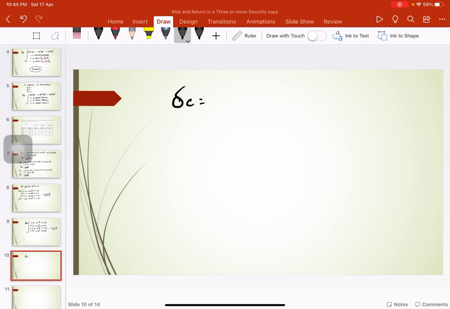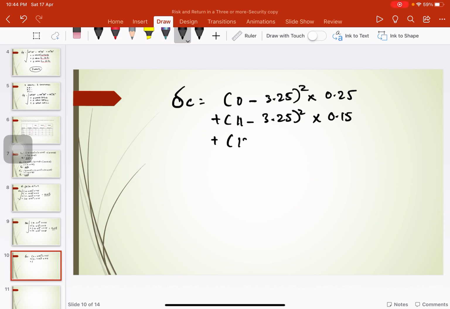Next, standard deviation C. Standard deviation C is equal to 0 minus 3.25, the expected return C tadi, square times 0.25 darab dengan Pi, plus 11 minus 3.25 square times 0.15, plus 12 minus 3.25 square times 0.25, and then plus the last observation, negative 4 minus 3.25 square times 0.35.